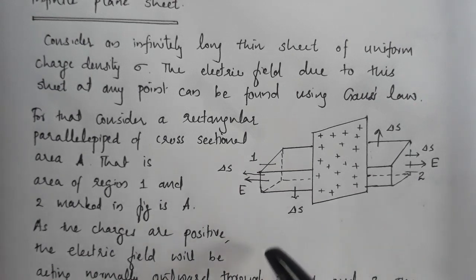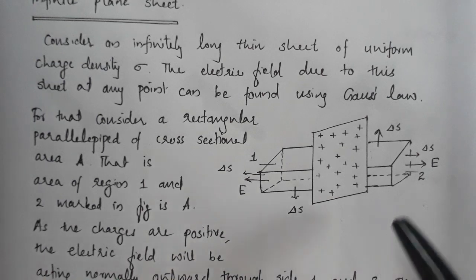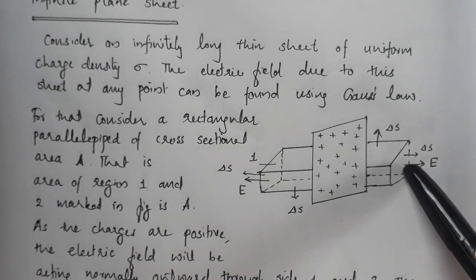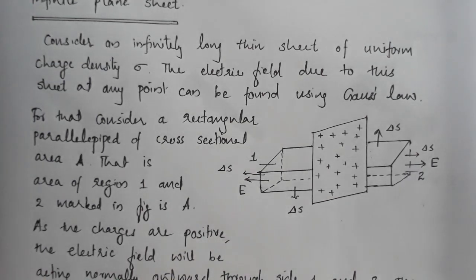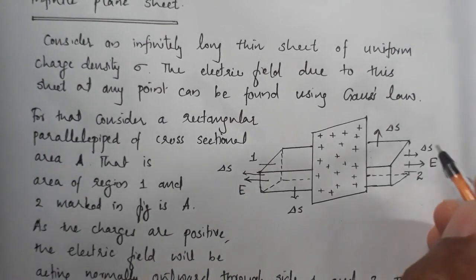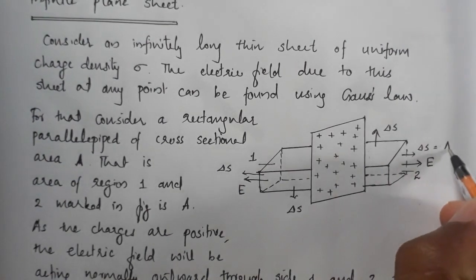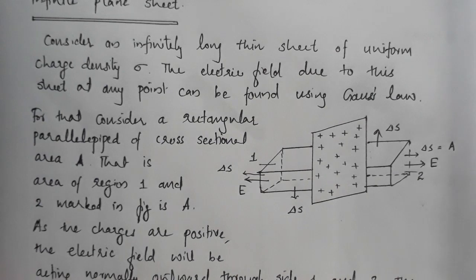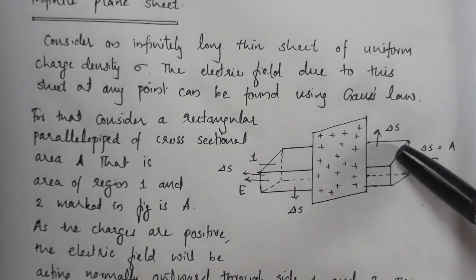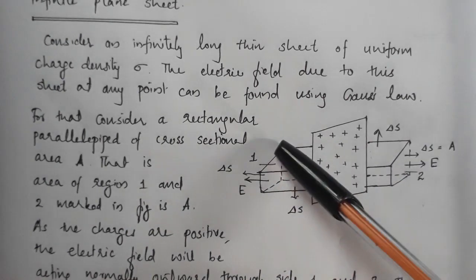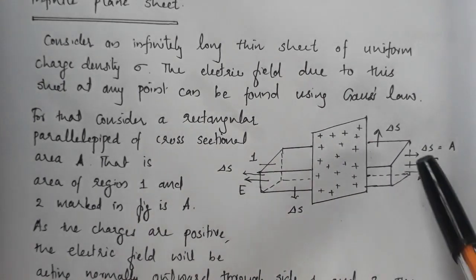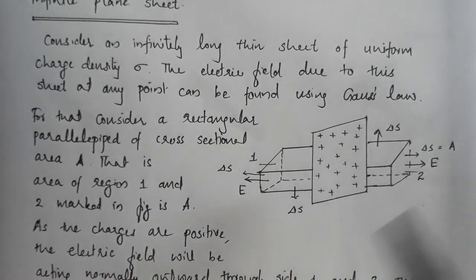So let's consider a parallelopiped with the area A. Let the area of surface be A, that is we usually represent the area as delta S. Let it be A, capital A in this case. That means the area of this side is A, area of this side is also A. These two sides area is capital A.